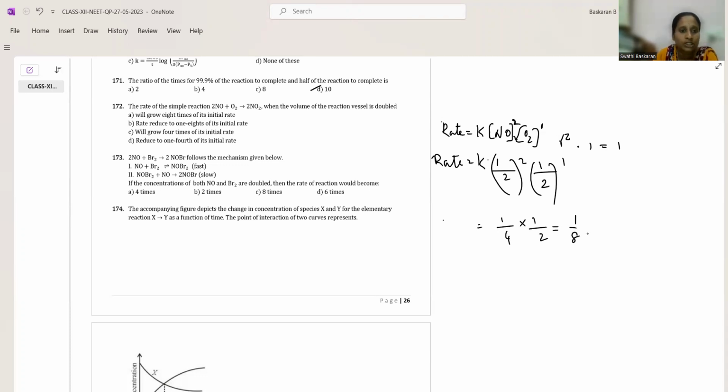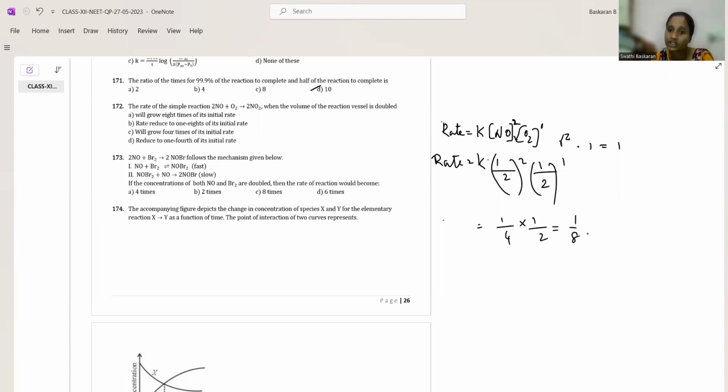So now what is understood? Remember, there is a law called the law of mass action. According to the law of mass action, if the concentrations of the reactants are more, the rate of the reaction will also be enhanced. For gaseous reactions, to represent concentration we use partial pressure.